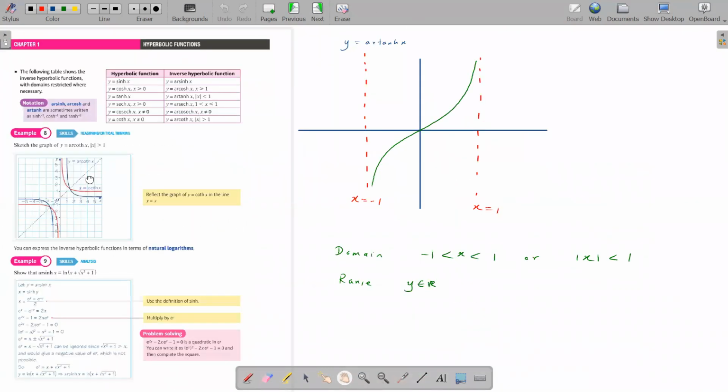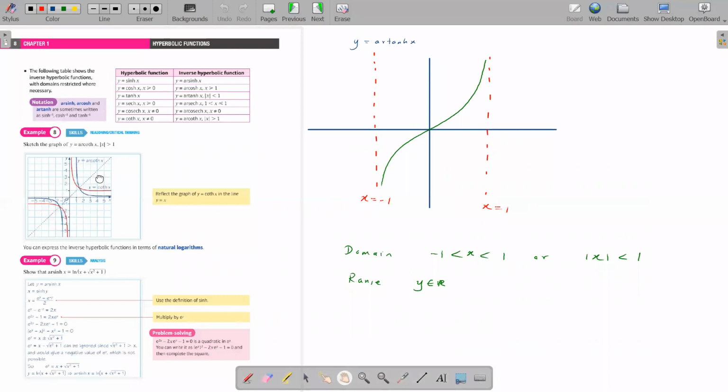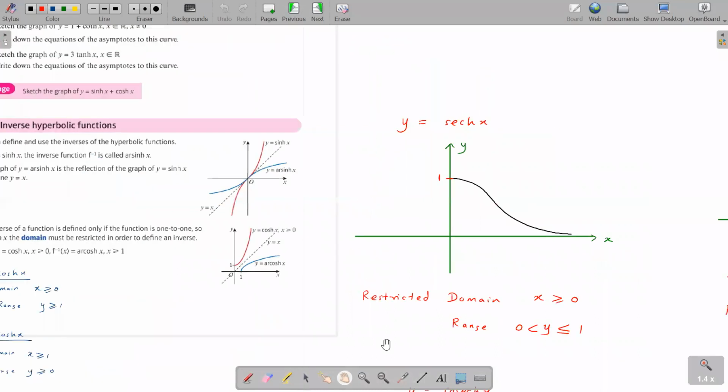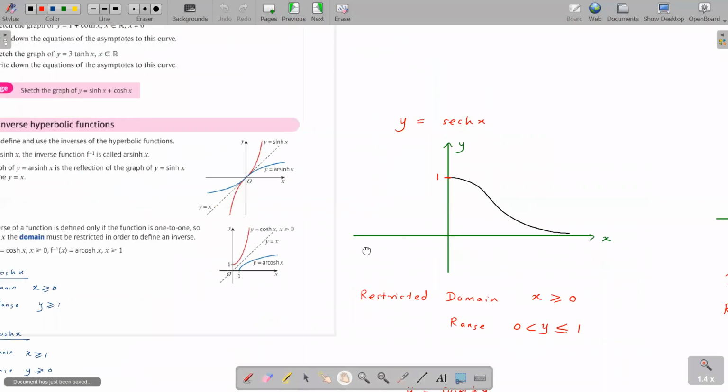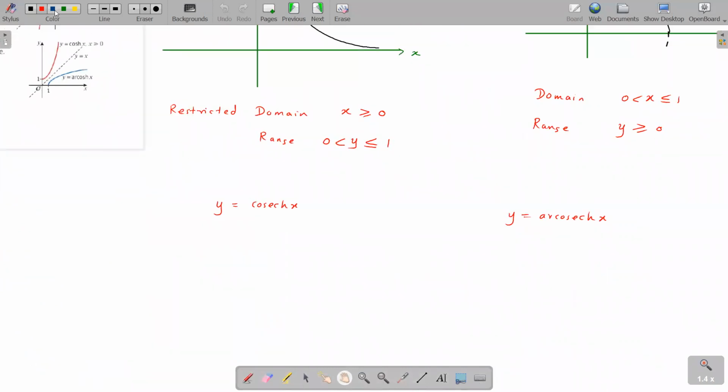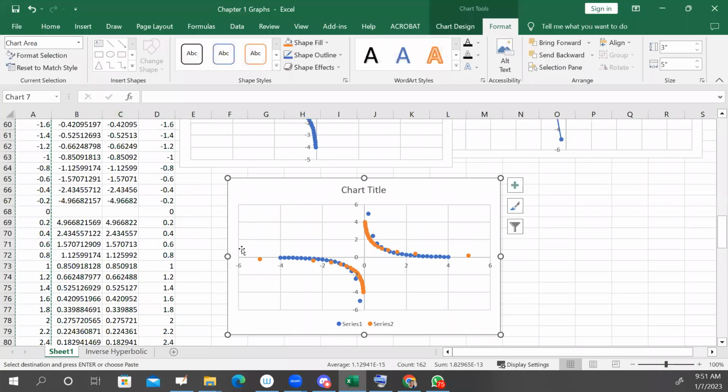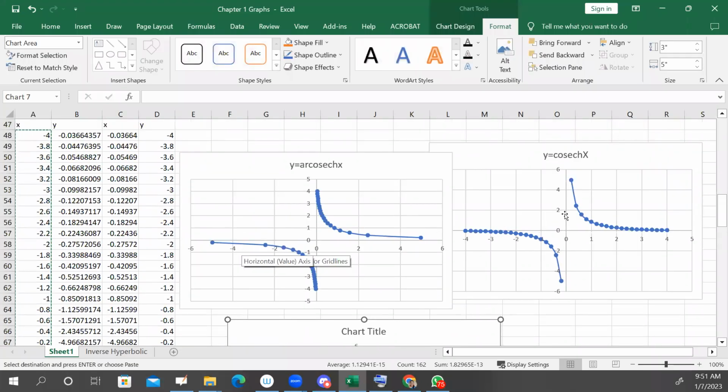All right, guys, so there's not much of a big difference when you draw the graph. You can see here the cosech graph and the asymptote. It's just a slight difference, right, guys?